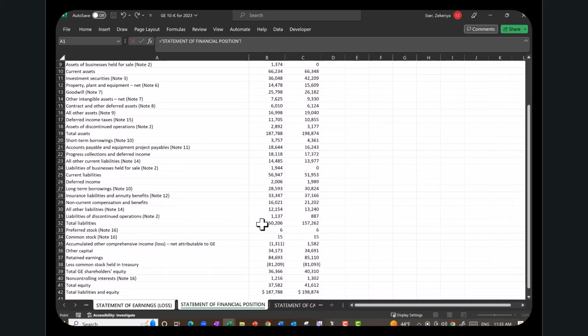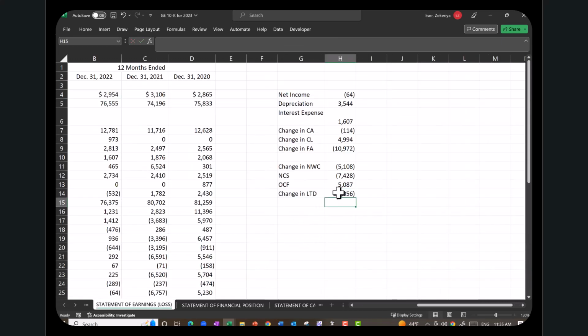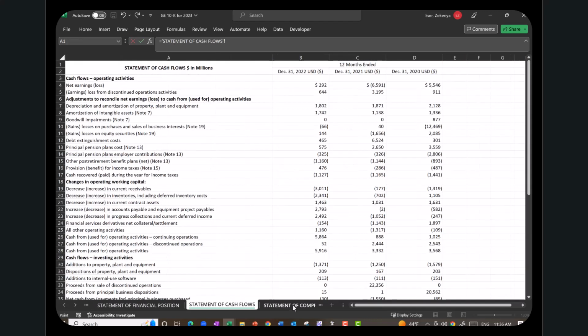I'm going to do it out of total liabilities first. From that, I'm going to deduct change in current liabilities. And finally, new equity. I will actually get that on the statement of cash flows.